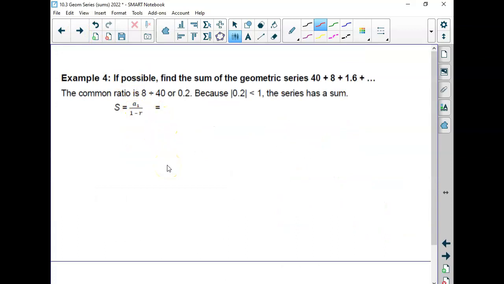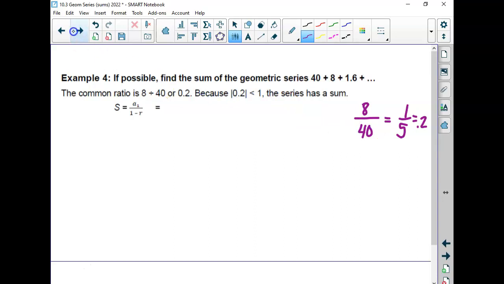Oh, we're going to throw in a new one right away. This is the other formula that actually isn't on the quiz. If possible, find the sum of the geometric series. What is R here? Take any term and divide it by the previous term. 0.2. Okay?